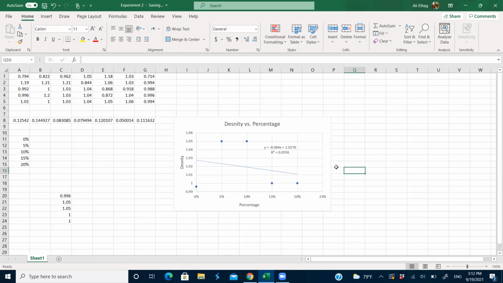And another question, where are we supposed to get our expected density from? Your expected density is the value you're gonna get when you plug in the percentage for X. So you just plug in 0.005 into the X value.